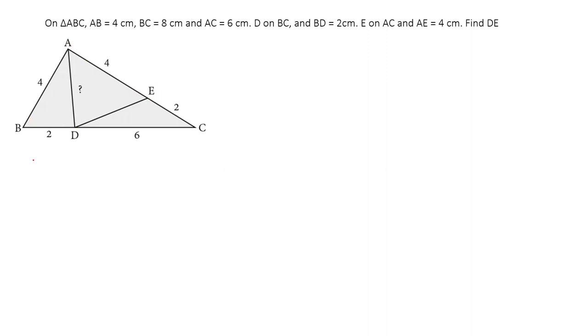According to Stewart's theorem, AD squared times BC plus BD times DC times BC equals AC squared times BD plus AB squared times DC.